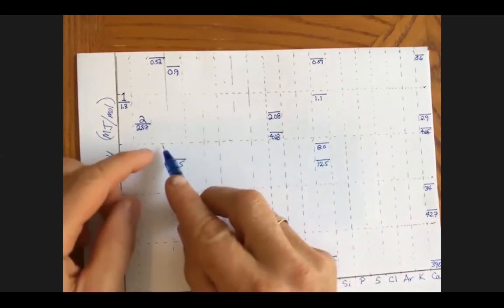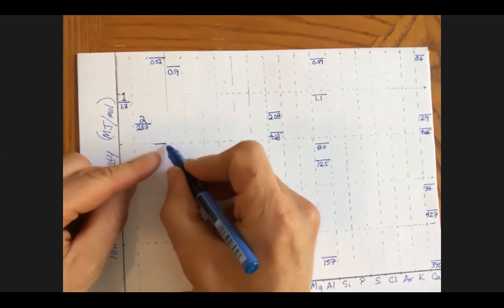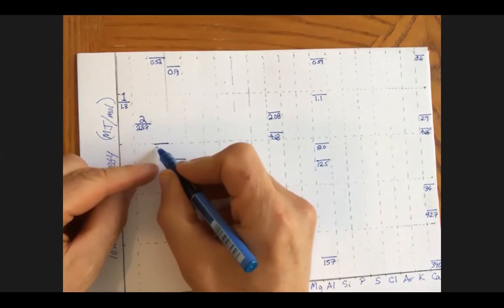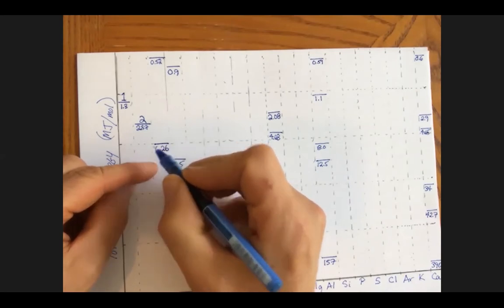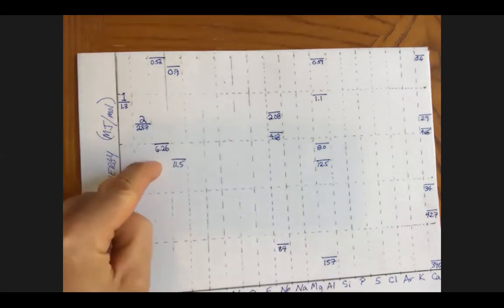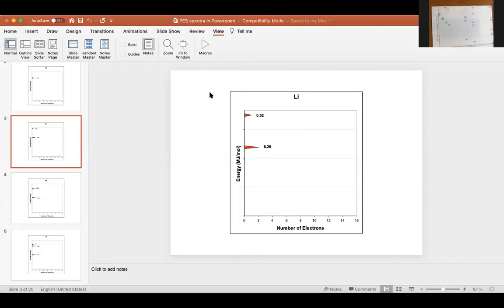So 6.26 is probably somewhere just in the middle of those, right about here. Okay, so we've got the lines showing the energy that we have. Now we need to put the electrons in there.